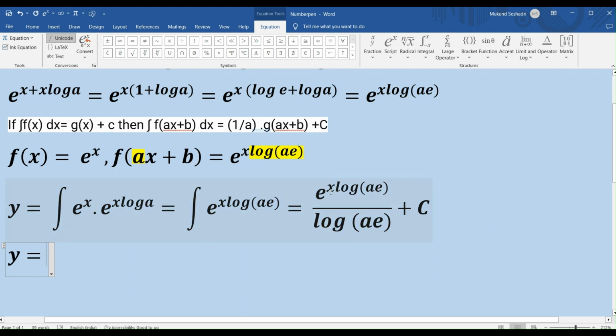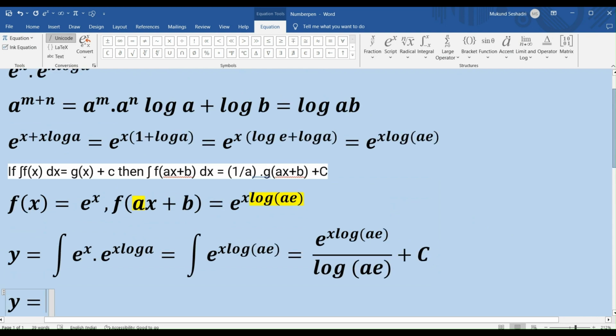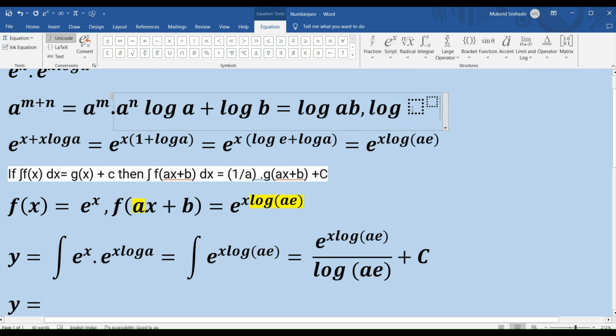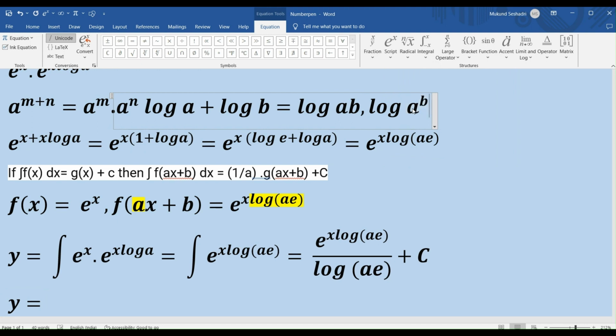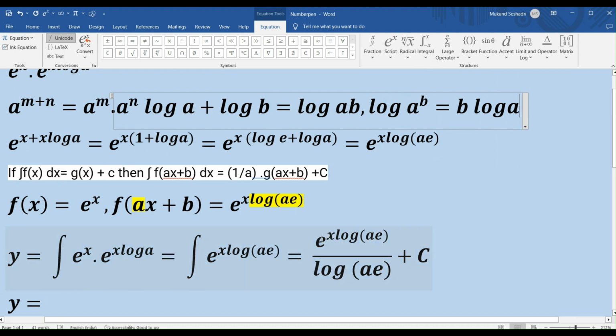And let me go to my next line and rewrite y. I know that e to the power x log ae, and I'm going to use the power rule in logarithms, right? Let me write it down here for you. Log of a to the power b is nothing but b times log a, right? Which means I have e to the power x log ae, and I apply the same power rule.